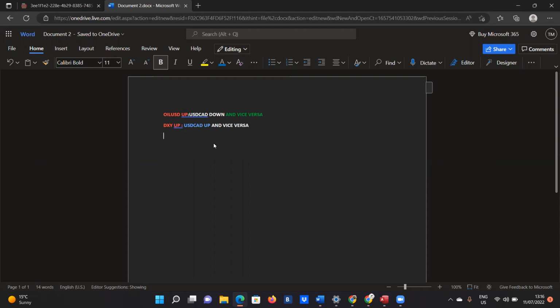So if oil is buying, USD CAD is selling. If DXY is buying, USD CAD is also buying. So if you trade USD CAD, you can use oil and DXY as your confirmation to know which direction to take. Now let's get back to the chart.